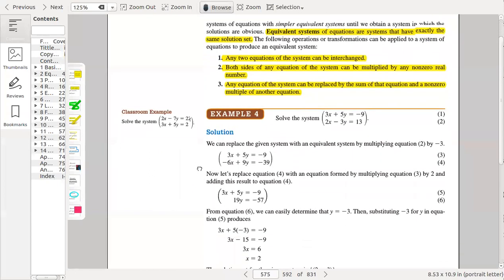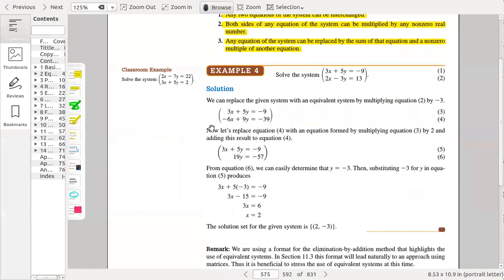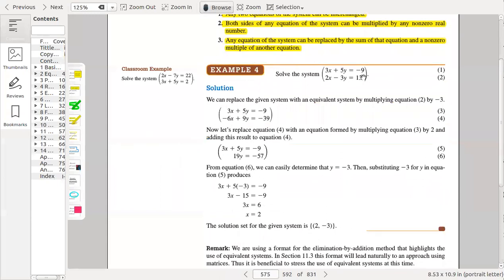So it doesn't matter. So we can apply this method to the given system of equations. Here in the system, we have two equations: 3x plus 5y is equal to minus 9 and 2x minus 3y is equal to 13.